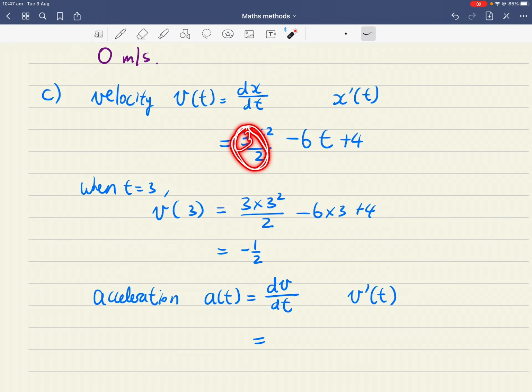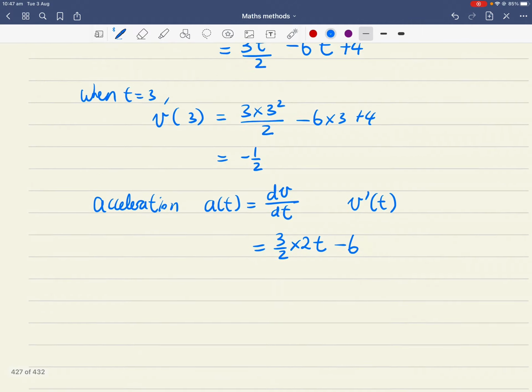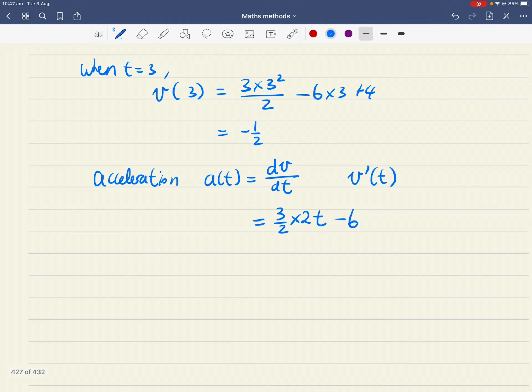So 3 on 2 would be our starting coefficient, times the power down, times t to the new power. 2 minus 1 is 1. The minus 6t now becomes minus 6, and the 4 disappears because that's constant. The 2 and 2 cancel, so we're left with 3t minus 6.